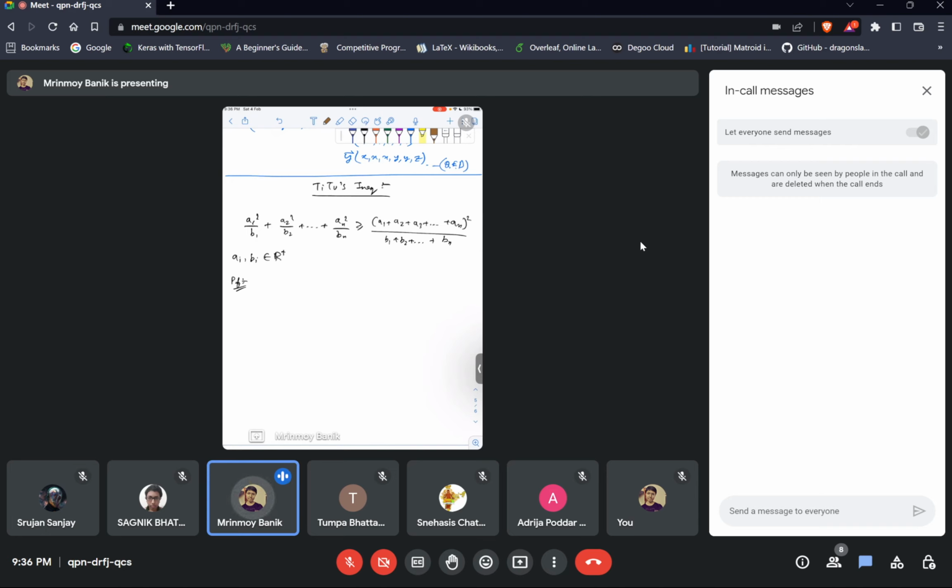So you have to first rearrange the inequality a bit before proceeding with Cauchy-Schwarz. I will mute for 3 to 4 minutes. After that, we'll discuss.